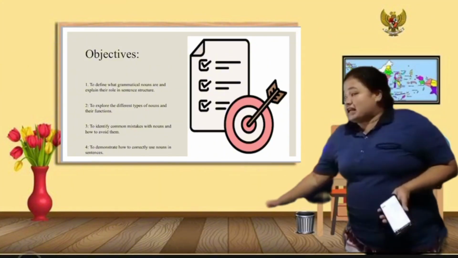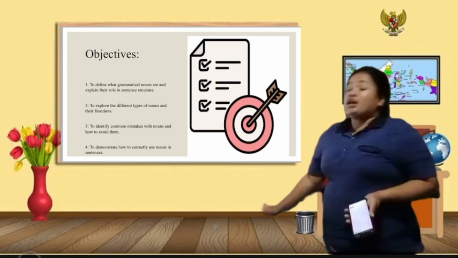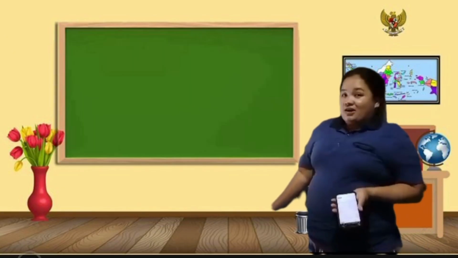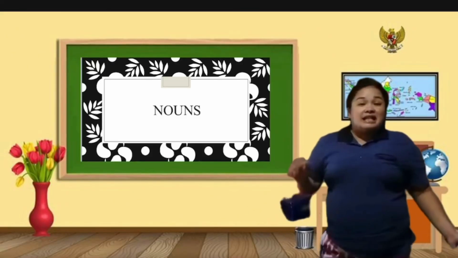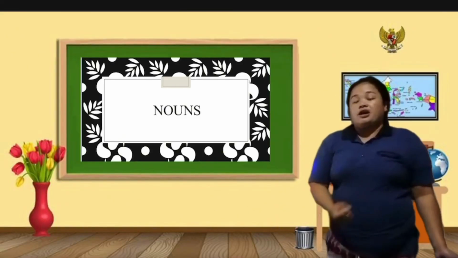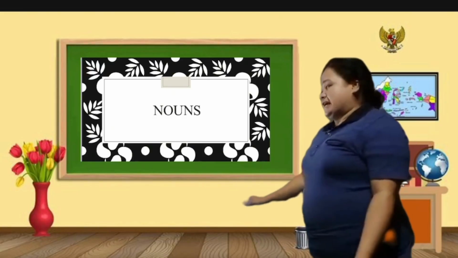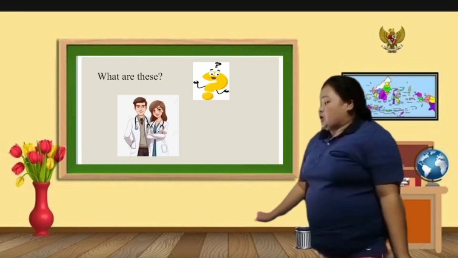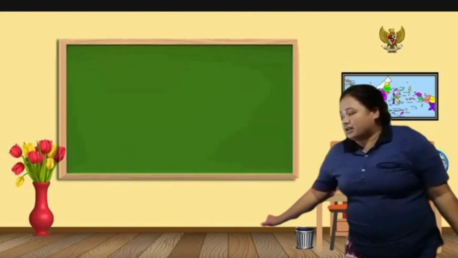So you see, those pictures that you saw earlier are what we call nouns. And do you know why? Because noun is a very crucial part of speech in English, either in writing or in speaking. So, since doctors are noun, we're going to tackle about nouns.